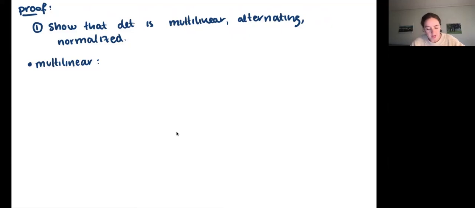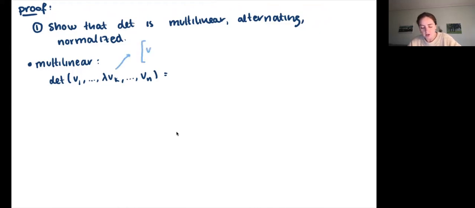Let's say I'm taking det of v1 up to, let's say, lambda vk up to vn. Then just applying the definition, I'm going to think of the v's as being the columns of the matrix.